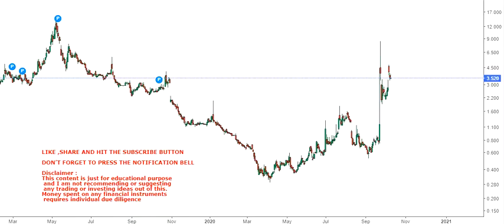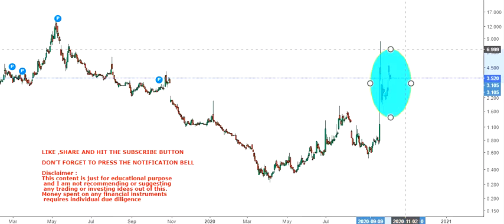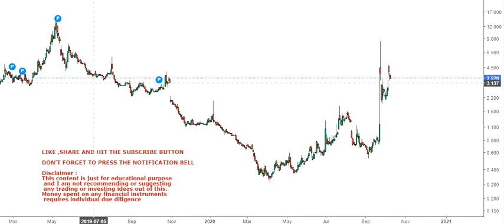Friends, in this video we are going to discuss Sunworks Inc. What you can see here, because we are referring to the daily chart, is probably a sharp upshoot. Looking at the current structure, I am more specific to this part, where you can see a consolidation going on after this move.